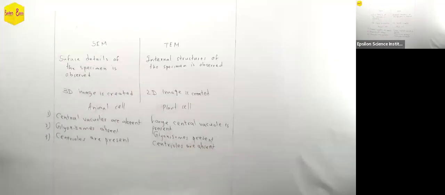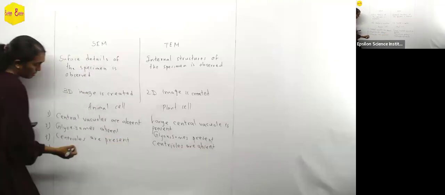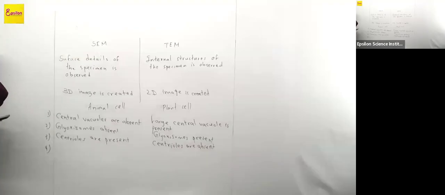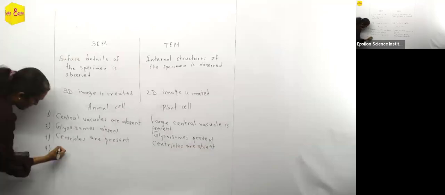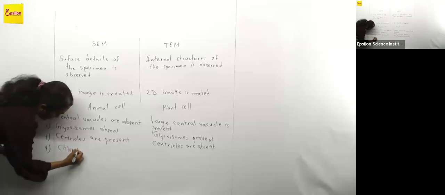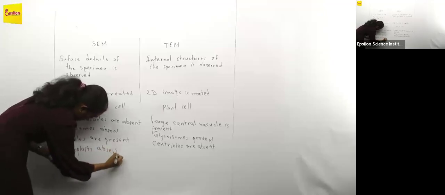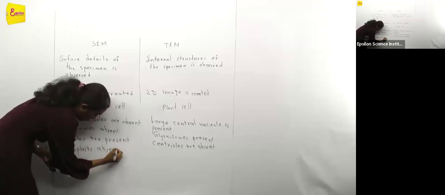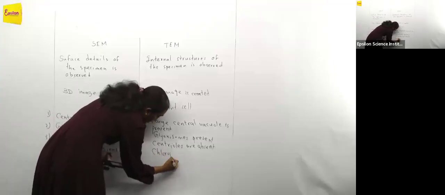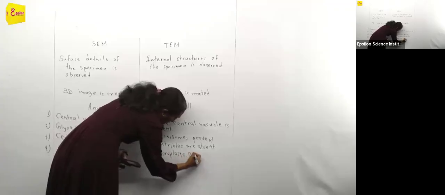Right? Number four, you can say chloroplasts are absent, chloroplasts present.